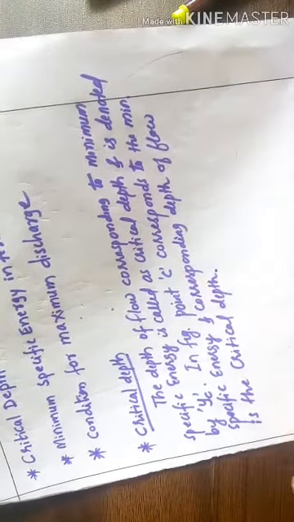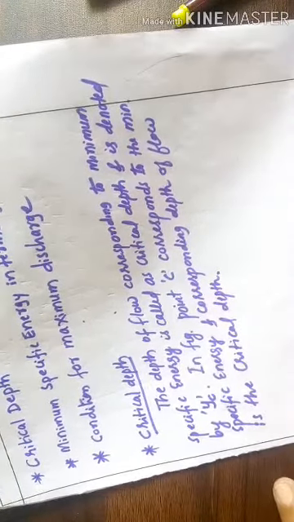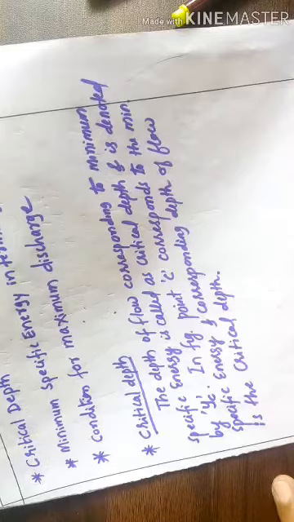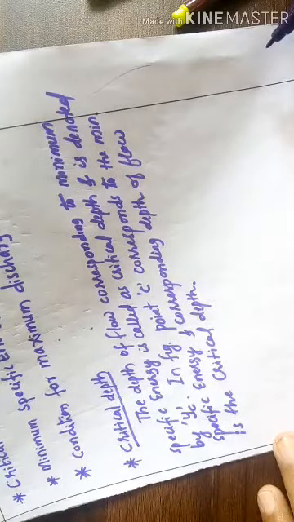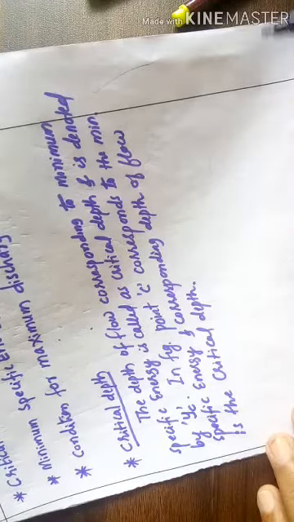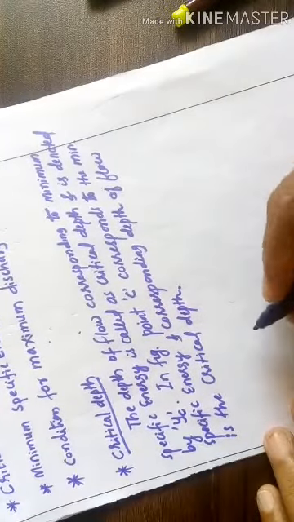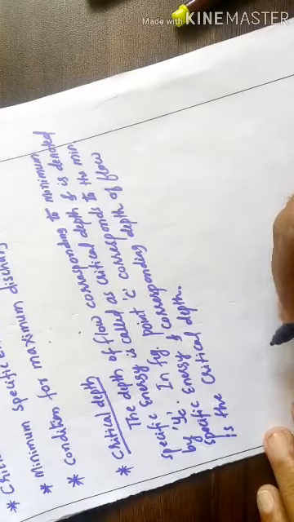One can write the mathematical expression for the critical depth by differentiating the specific energy equation with respect to the depth of flow and equating it to 0. So how can the critical depth equation be formed?